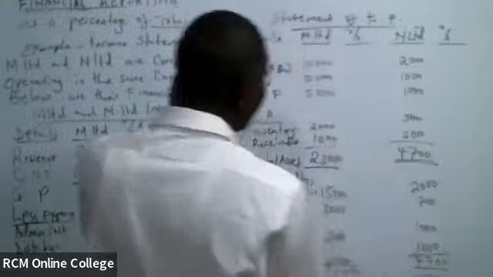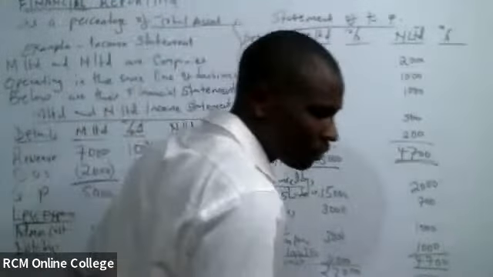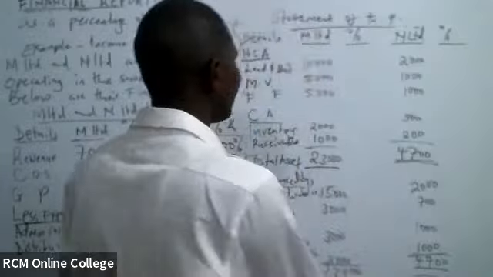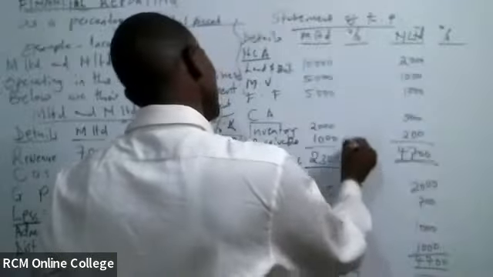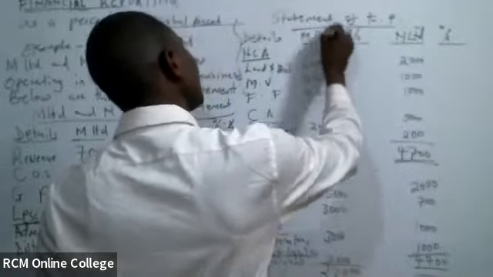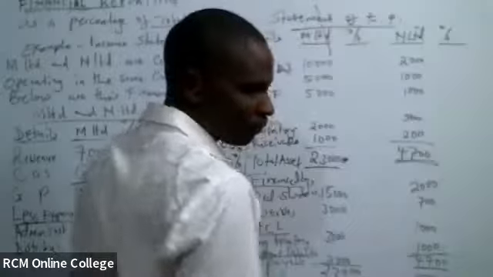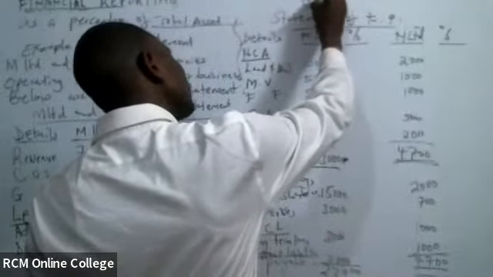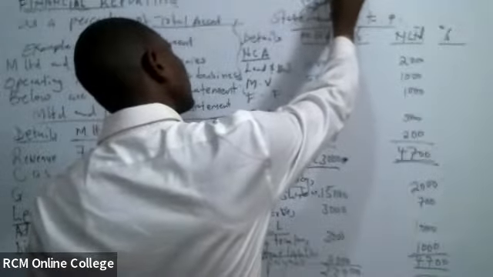Now to analyze this, simple. You just express any item here as a percentage of total asset. You look at the total asset, it is this. So I will have 10,000 divided by 23,000 times 100.